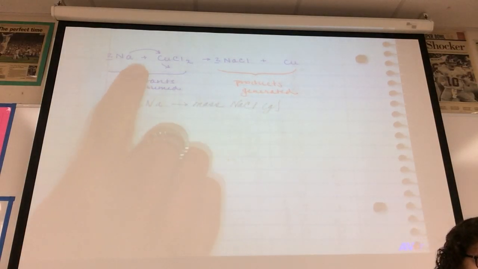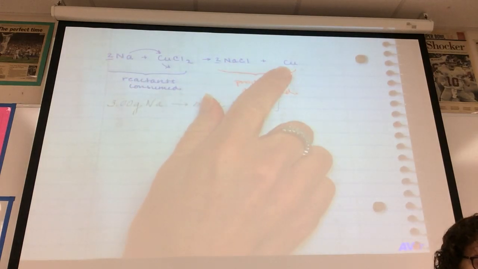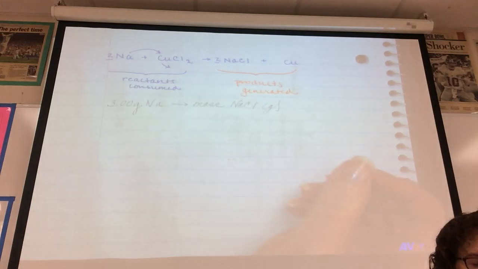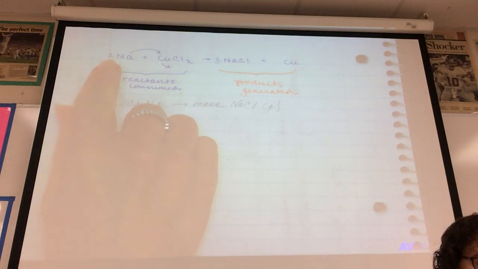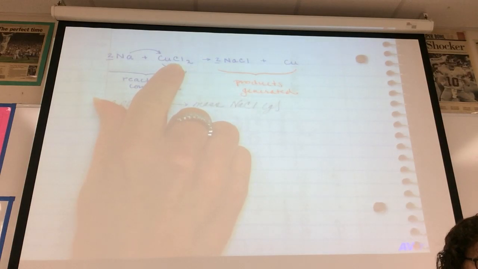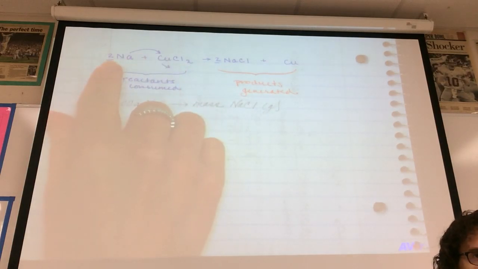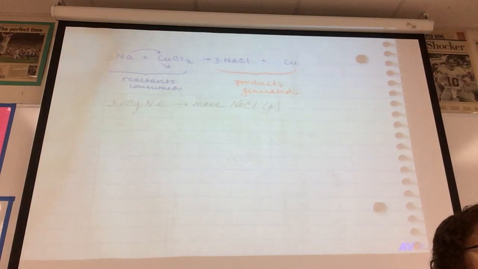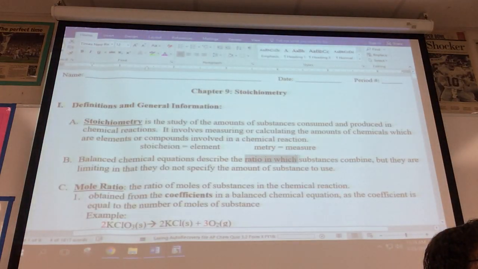Now, we know that coefficients in balanced chemical equations indicate moles of substance. For every 2 moles of sodium, 1 mole of copper 2 chloride will react with 2 moles of sodium. So balanced chemical equations only tell you the ratio in which substances combine.